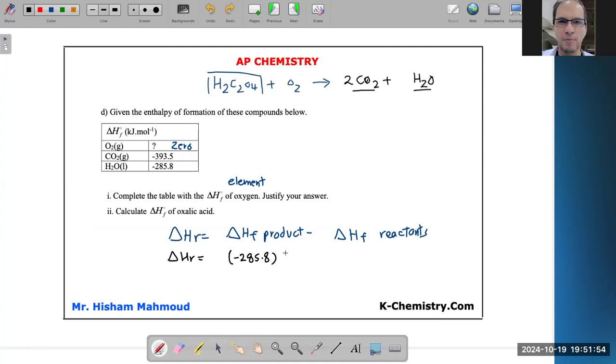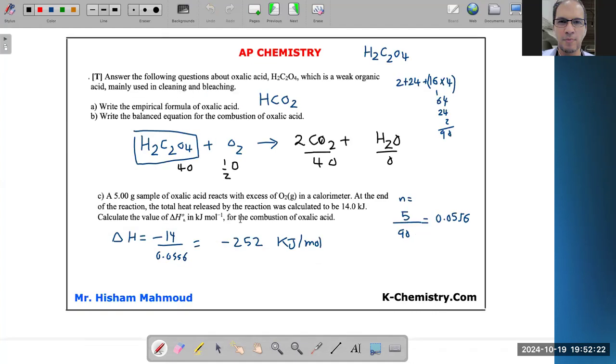So this is water, which is negative, plus 3 multiplied by 2 multiplied by negative 393.5, and subtract this all from the reactants. One of the reactants is required, the delta HF of H2C2O4, and the other one is 0, so we cancel this one.